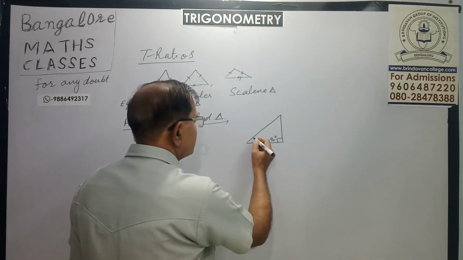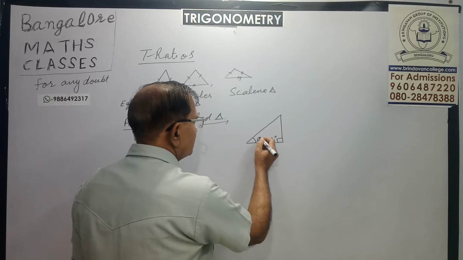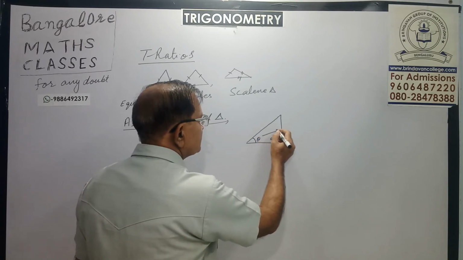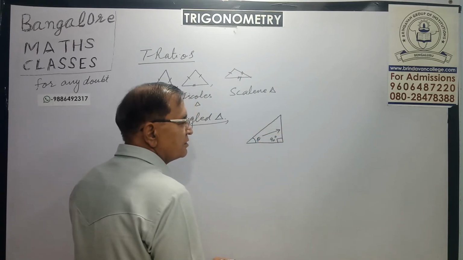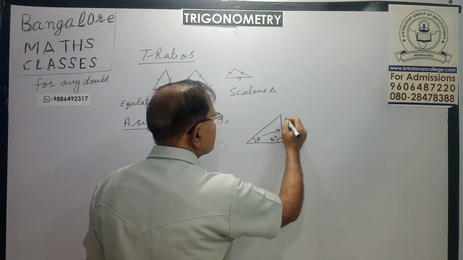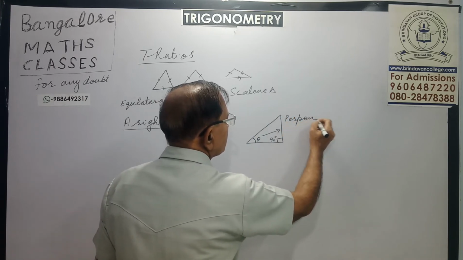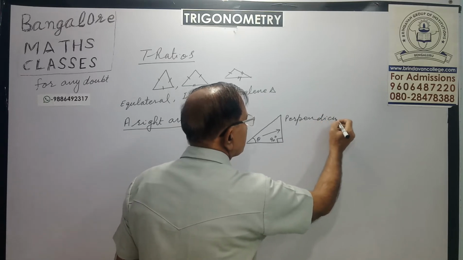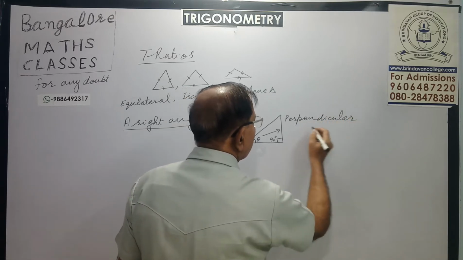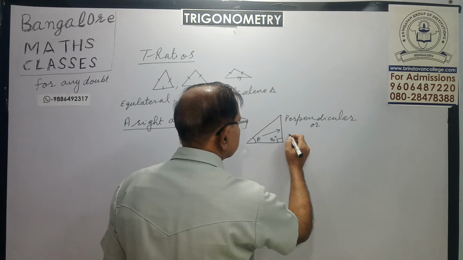If here lies angle theta, side facing theta is called perpendicular or opposite side.